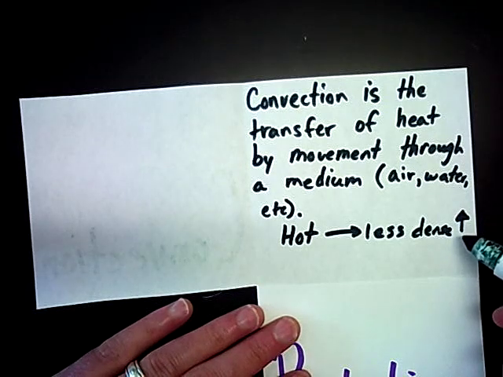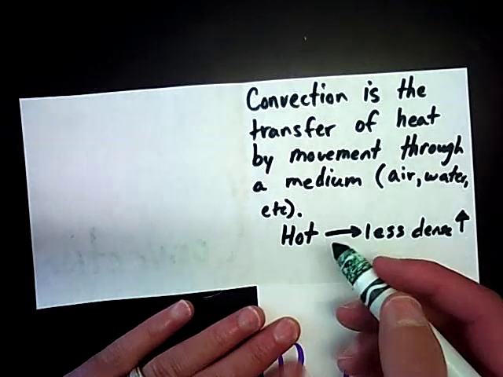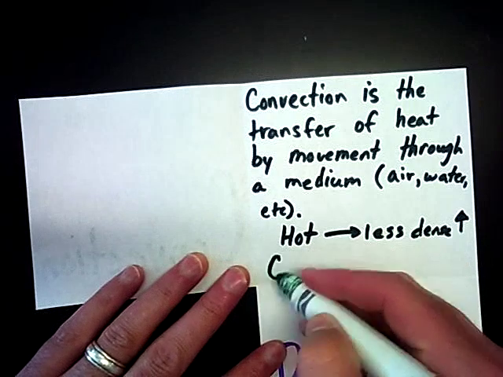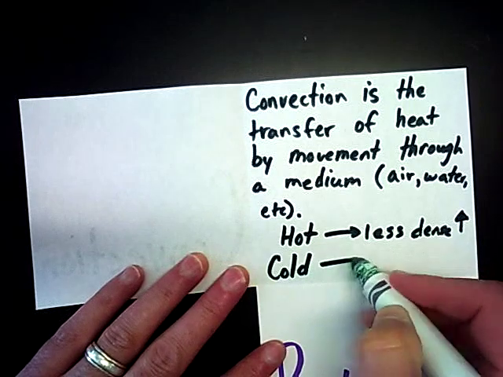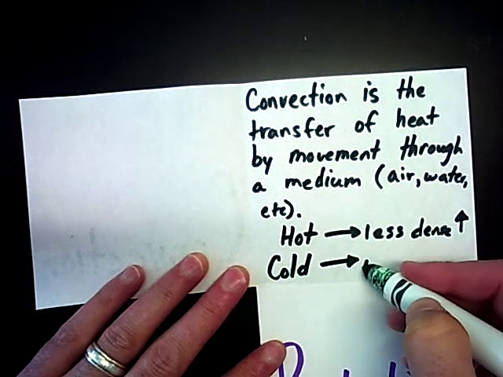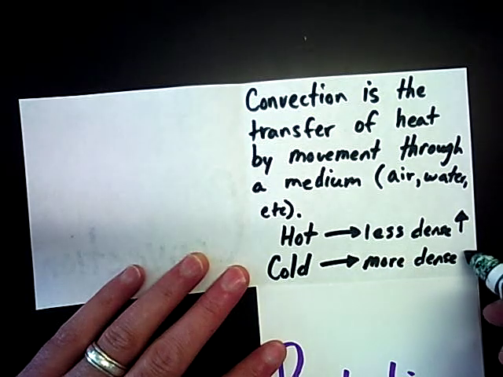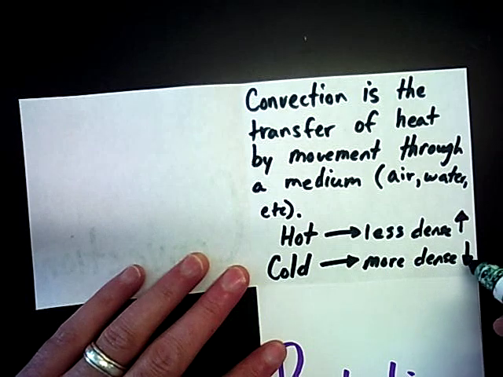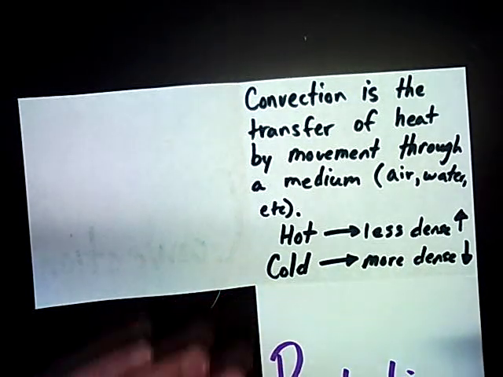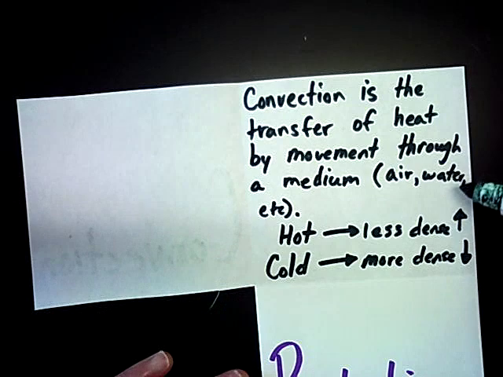So things rise when they're less dense. And things that are colder become more dense. And that causes that substance to sink. So we have something that's hot rising and then something that's cold sinking.